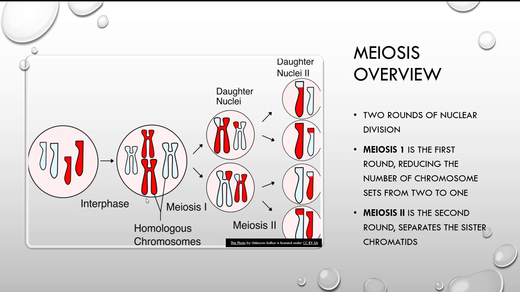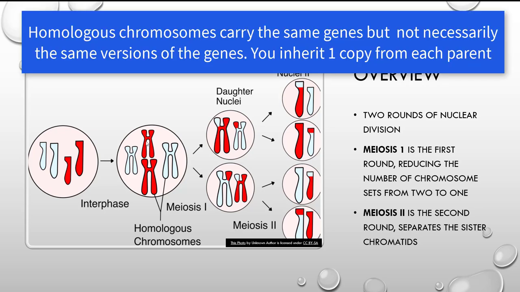So in meiosis part 1, it's quite different from mitosis, okay? And the reason is that we have the homologous chromosomes come into play here. Now remember, homologous chromosomes, you have two copies. You inherited one from mom and one from dad, okay?